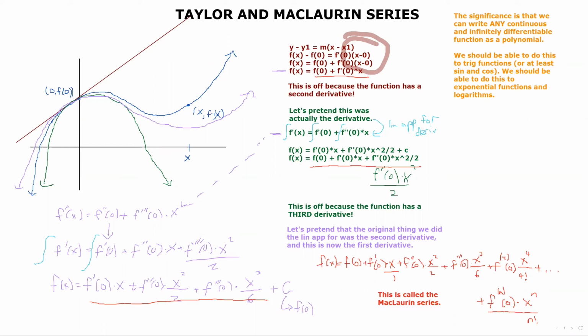But what happens if instead of working off of a point that was x equals 0, we worked off of some other point here, and we called this c, that was the input value, and this was f of c here. It turns out that it all works out exactly the same. The Taylor series just does what the MacLaurin series does based on a different spot.